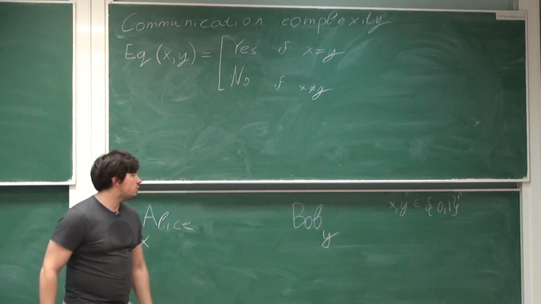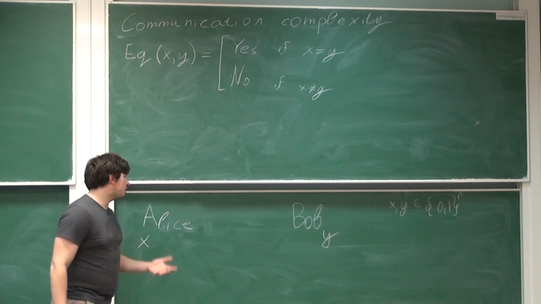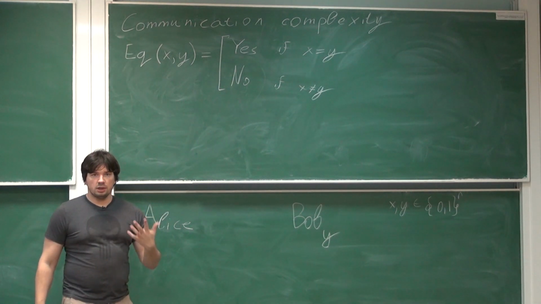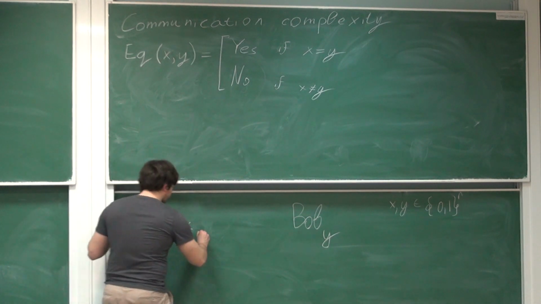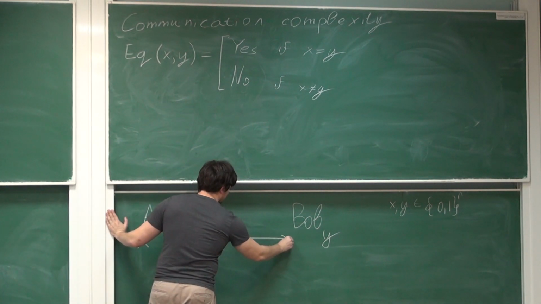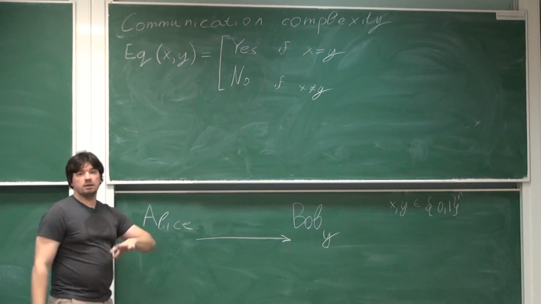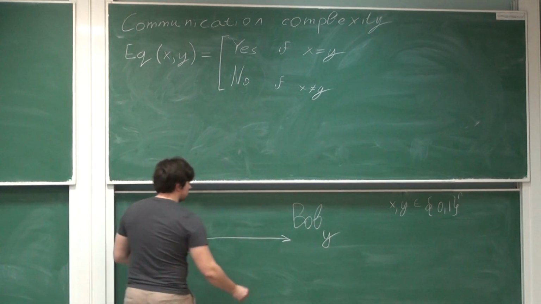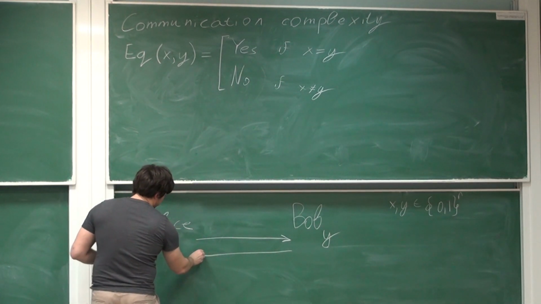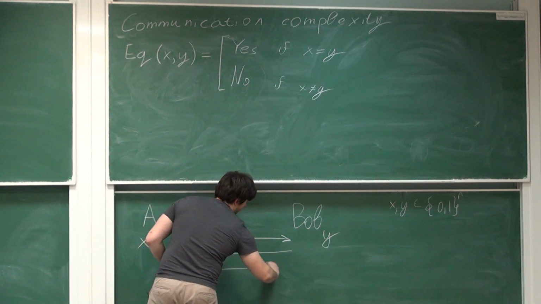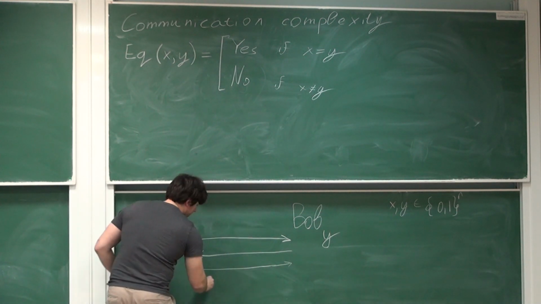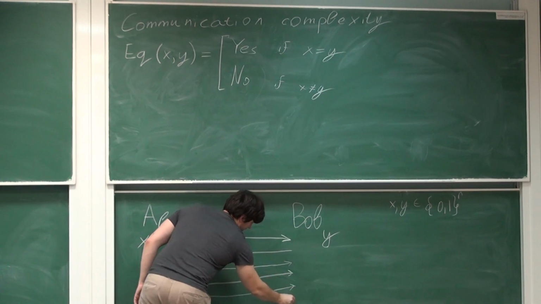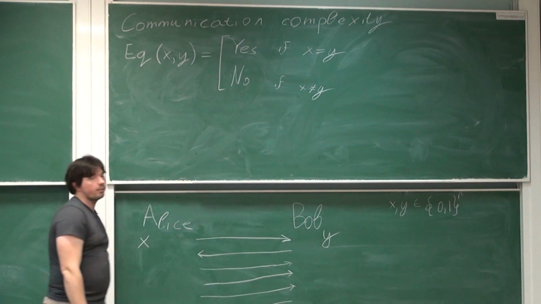And what they can now do, they can communicate. Each communication is one party sending one bit to another player, right? So let's say first Alice says something to Bob, just one bit, and then Bob says something to Alice, and then Alice says something to Bob, and then Alice says something more, and then Bob says something, and so on.